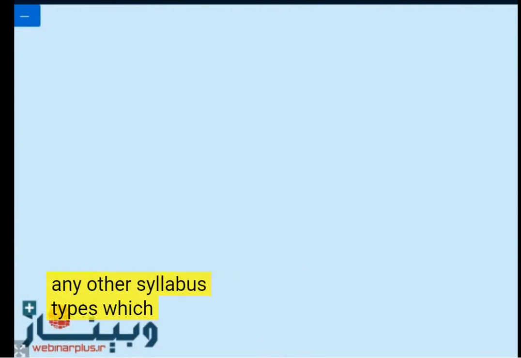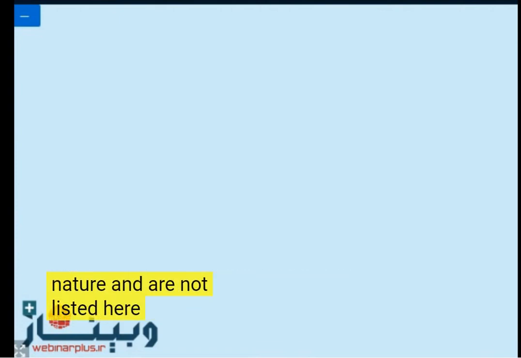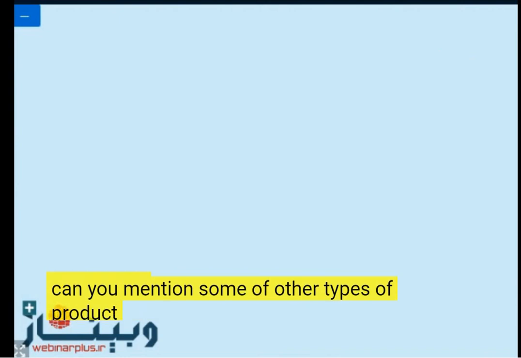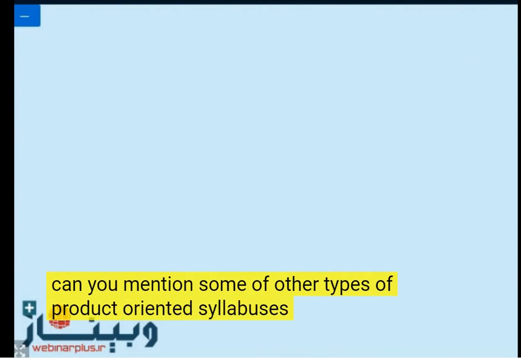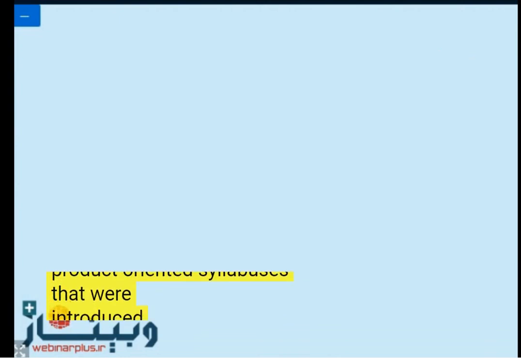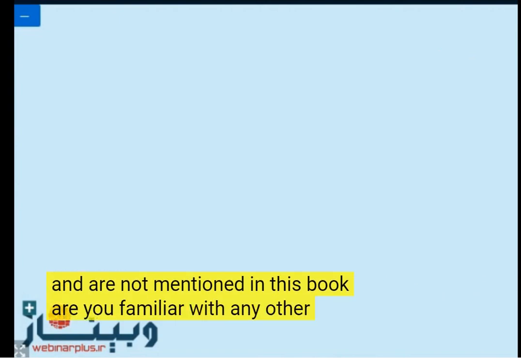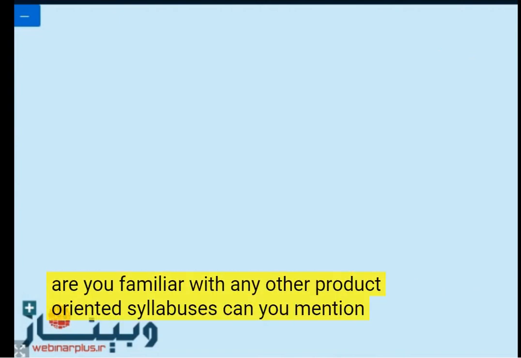But I don't know whether you know any other syllabus types which are product-oriented in nature and are not listed here, or whose names do not appear in the book. Can you mention some other types of product-oriented syllabuses that were introduced into the field of language teaching and are not mentioned in this book? Are you familiar with any other product-oriented syllabuses? Can you mention some of them?